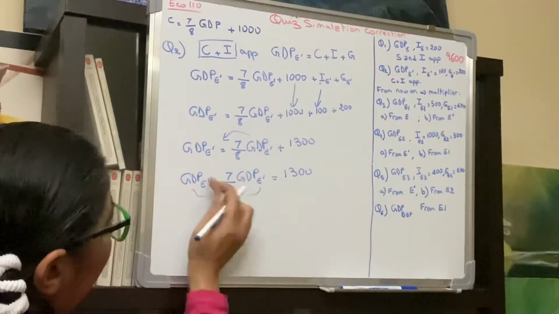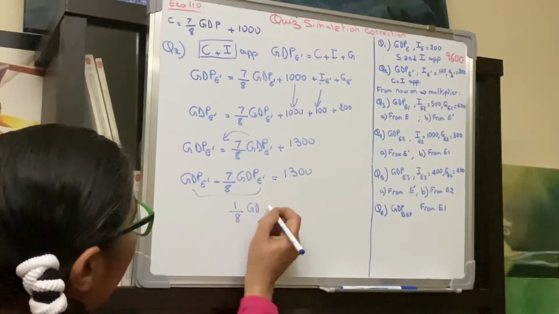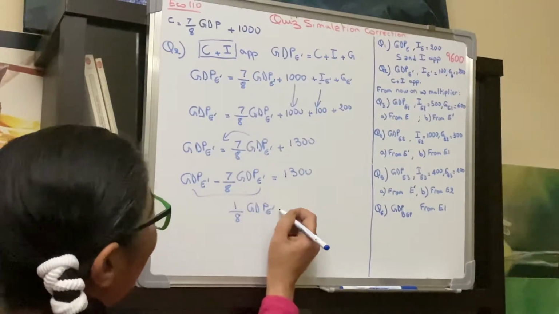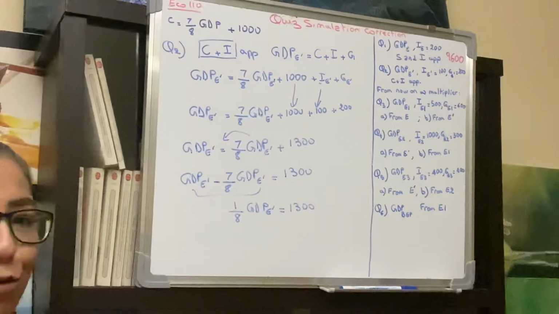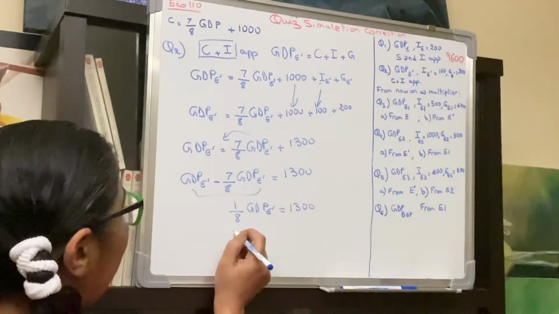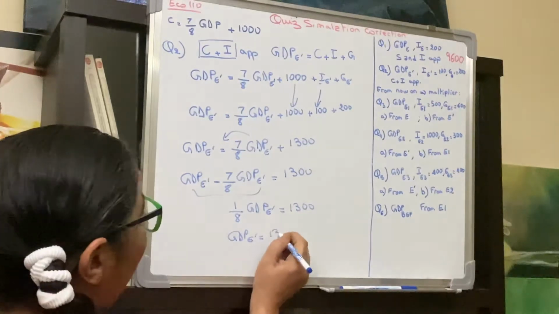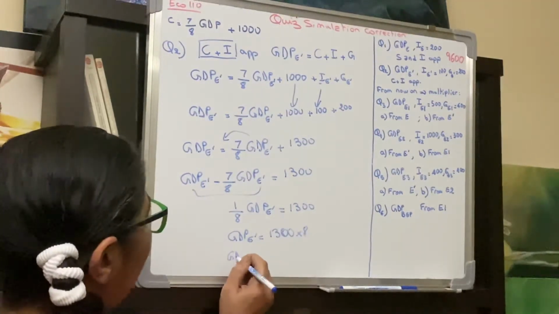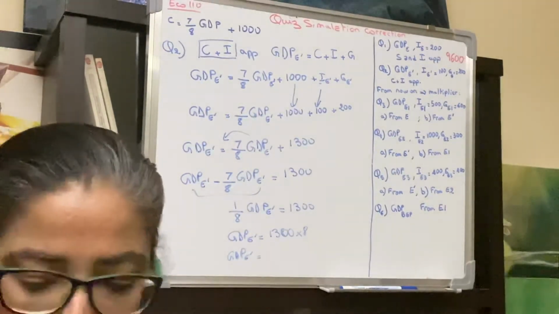So here it's the complement, which is 1/8 GDP. GDP at E prime is equal to 1,300. I hope you're following. So GDP at E prime is equal to 1,300 times 8.